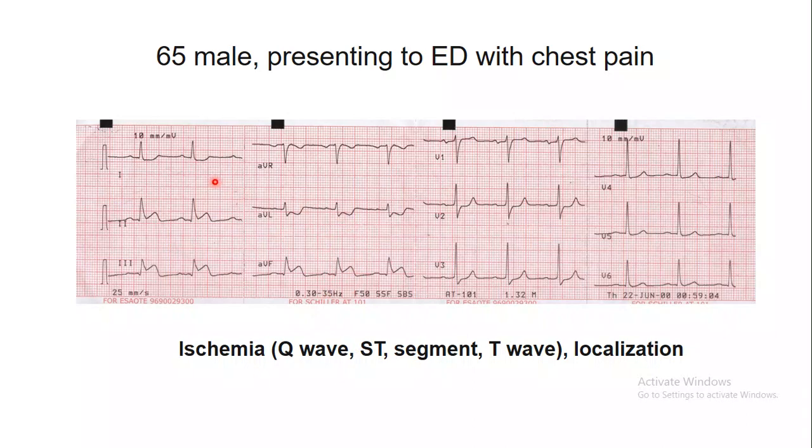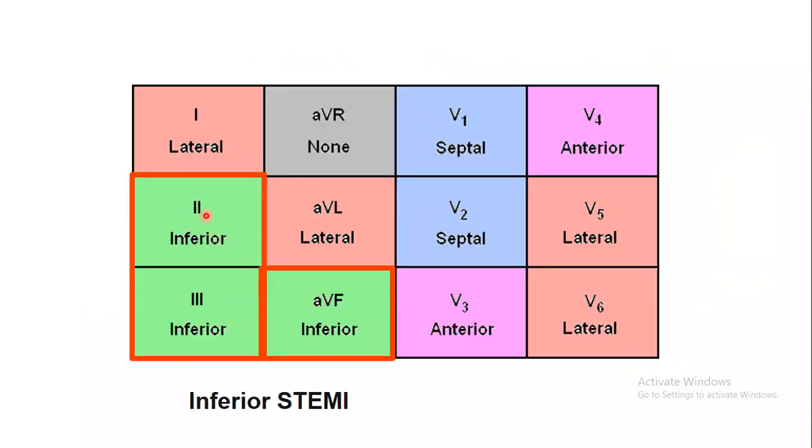Regarding the T wave, we have also inverted T wave here and here. So we have inferior leads 2, 3, aVF ST segment elevation. And as we said, 2, 3 and aVF are looking at the inferior wall, so this patient has inferior ST segment elevation myocardial infarction.